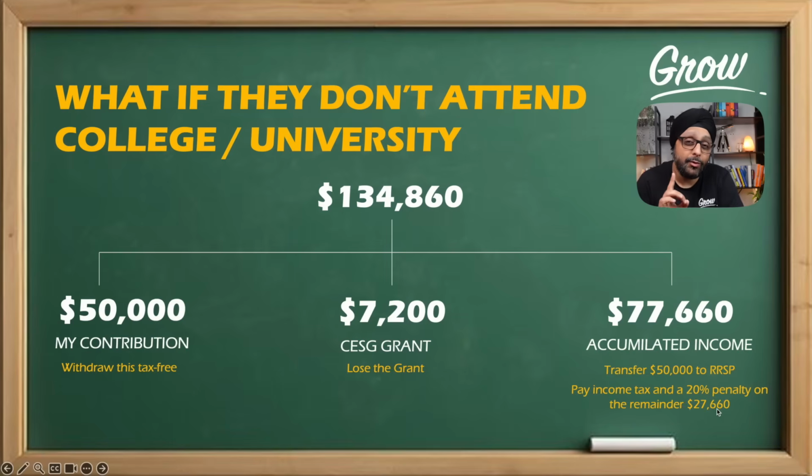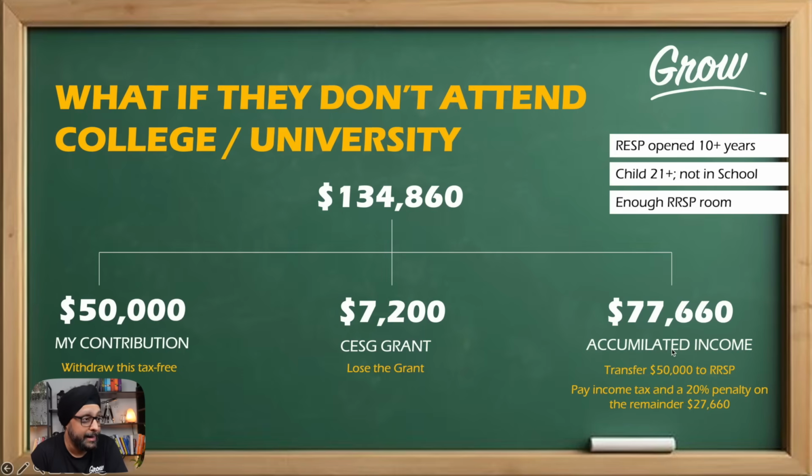So you'll actually be paying about 73%. If I was to take this money out now, I'll be paying 73% in penalty and taxes, and all this will be done on my income and not my child's income. So that's a pretty hefty tax and penalty, or whatever you call it, you pay.